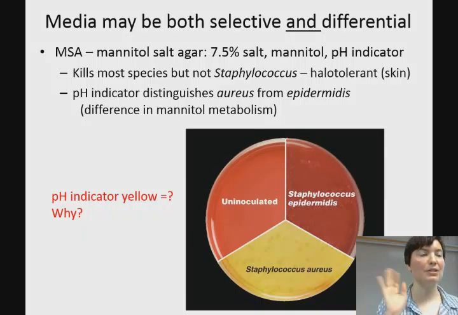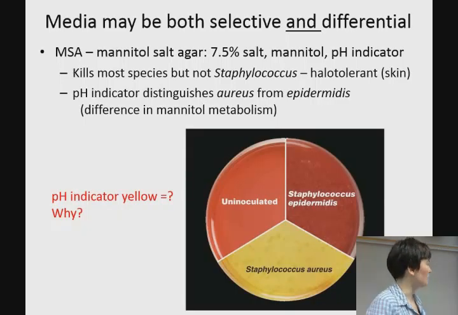The pH indicator is just a thing that changes color at different pH. If you've ever used a hot tub, you know about pH indicators, right? If you have the water and you're trying to decide if it needs more acid or more base or whatever, you just put the pH indicating strip into the water and then it changes a certain color depending on the pH. So there's a pH indicator that is red at neutral pH and yellow at acid pH.